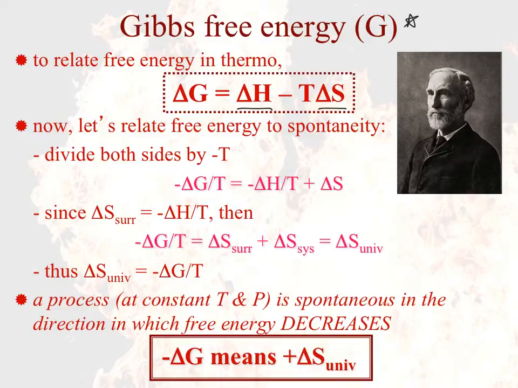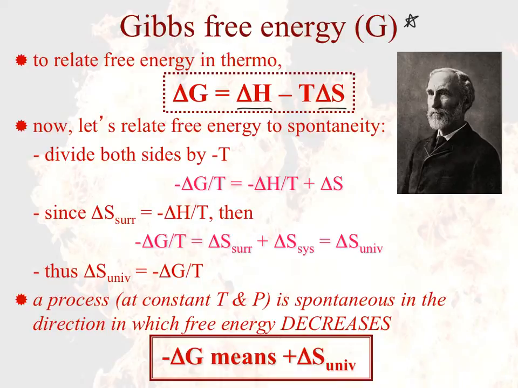We discussed this in the last lecture. So knowing this, if we plug in our delta S of surroundings for the enthalpy and temperature variable that we see in this equation right here, we subsequently end up with this equation. Now notice I've indicated surroundings as well as changed this delta S to the system, because we know that the delta S of our surroundings and the delta S of our system equal the delta S of our universe.